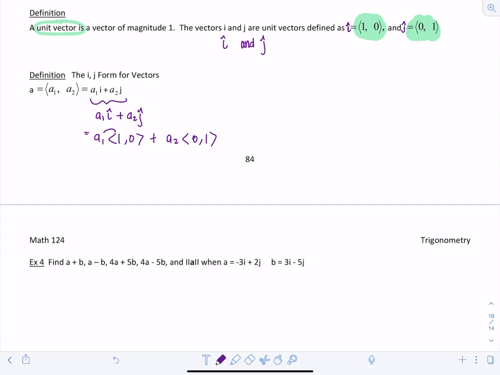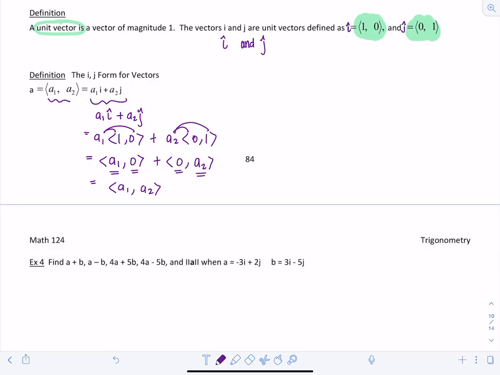And then using my rules of scalar multiplication, this would be A1, 0 plus 0, A2. And then I can add these together. A1 plus 0 just gives me A1. And 0 plus A2 is just A2, which is the vector A to begin with. So that's just another way of writing out your vectors. Okay, just understand it, and then if you don't love it, it's okay. You can switch to component form if you prefer.